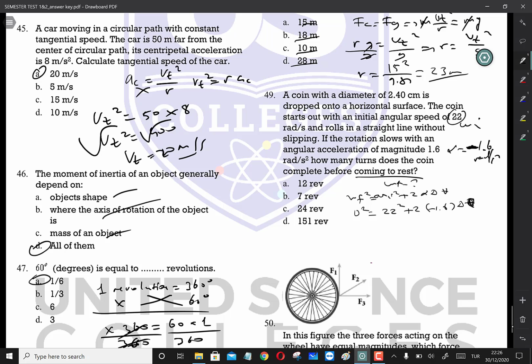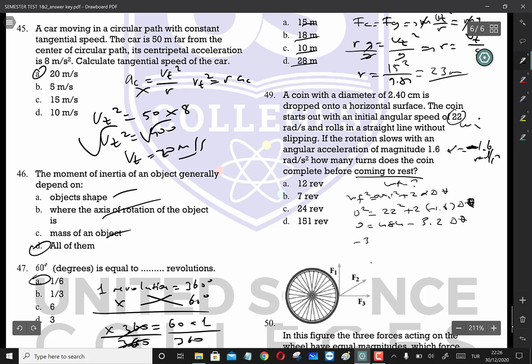So this means 22 squared: 0 is equal to 484 minus 2 times 1.6, which is equal to negative 3.2 delta theta.